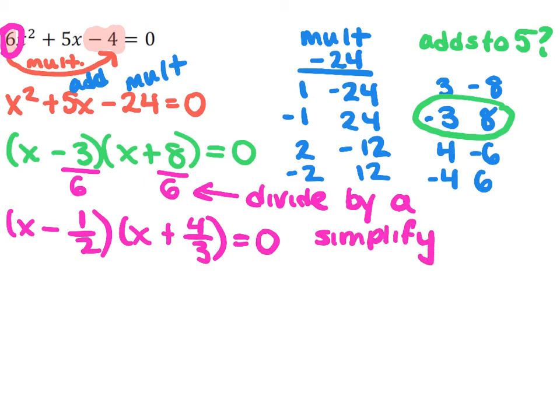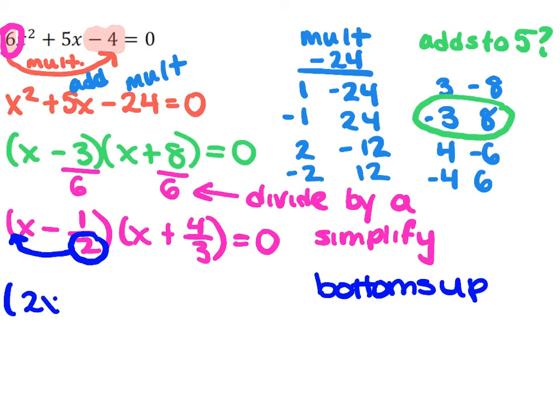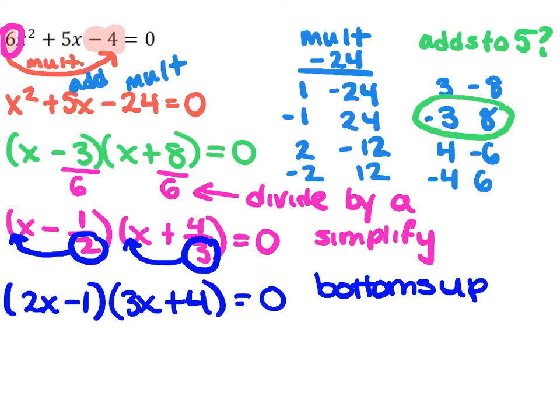Now the next part is the last part of the process where we're going to bring the bottoms up. So I'm going to bring the denominator up to become the coefficient in front of x. So it'll become 2x minus 1. And I bring my denominator of 3 up in front of x to become 3x plus 4, still set equals 0.